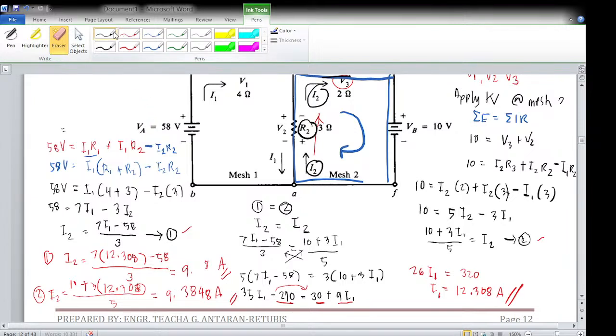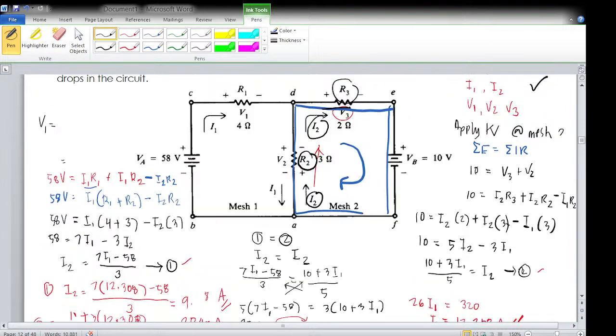Okay, so dito muna tayo sa V sub 1. Ano nga ulit yung formula to solve for V sub 1 based on the figure? What will be the formula? I sub 1, R1, ma'am. Okay, I sub 1 times R sub 1.